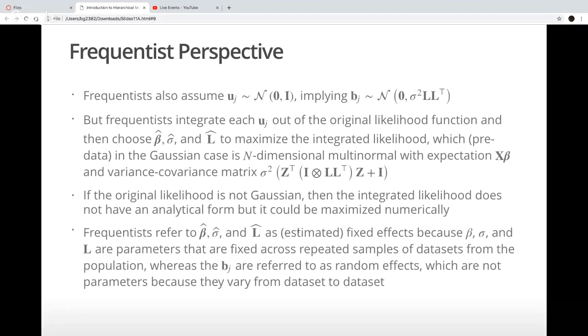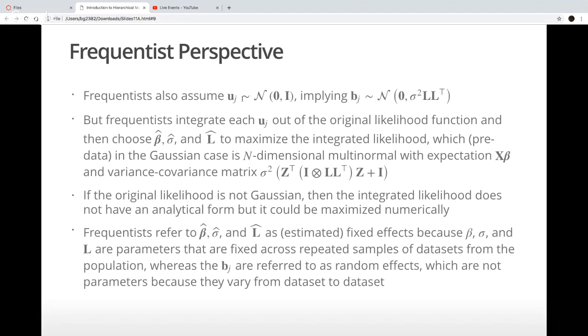So these distributional assumptions they're making on the U's are not priors, because frequentists don't consider those to be parameters. They consider those to be part of the error term.